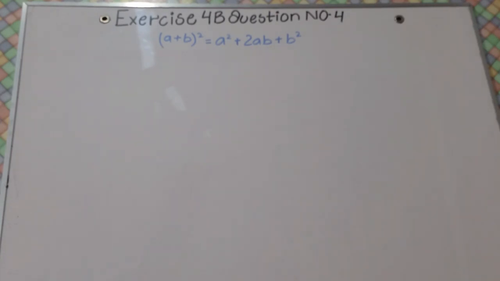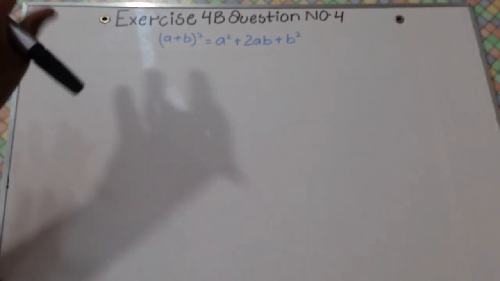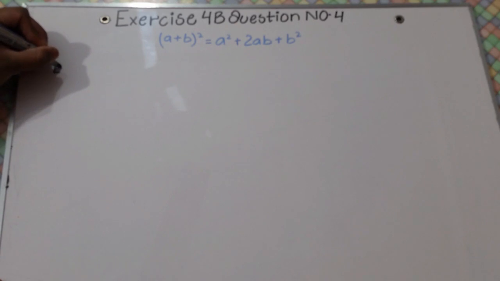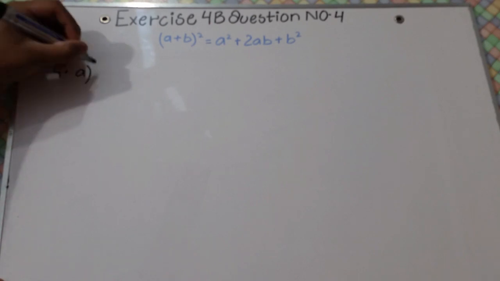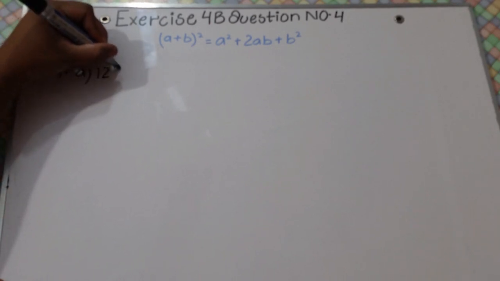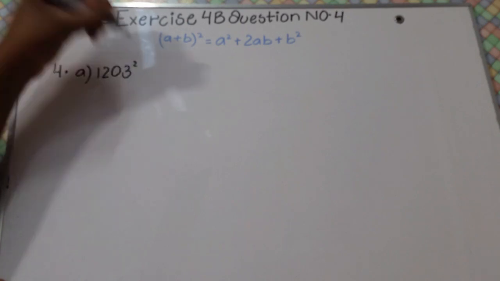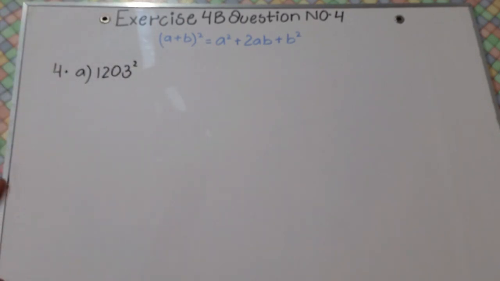Over here I have written the identity which we are going to use. It is a plus b whole square equals a square plus 2ab plus b square. This is also called the completing square method, but we are not doing it right now. We are using this one identity. In question number 4, the first part, part A, is 1203 square, but we are not going to solve it exactly like this.